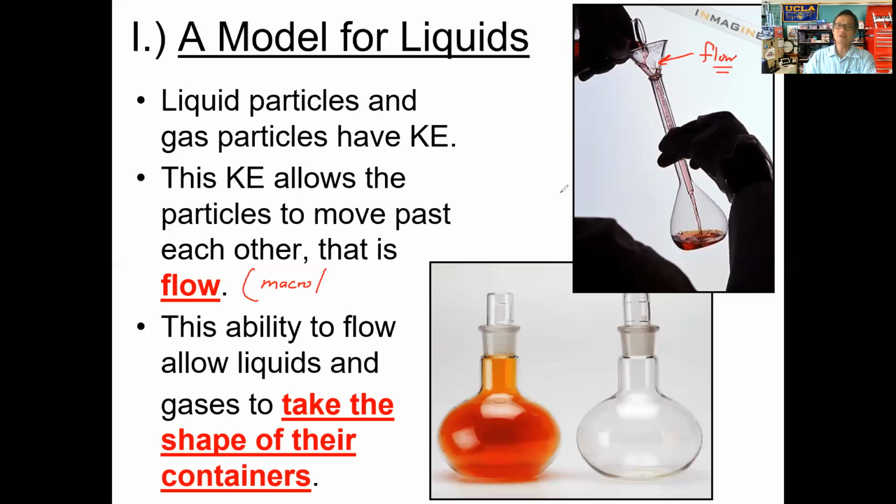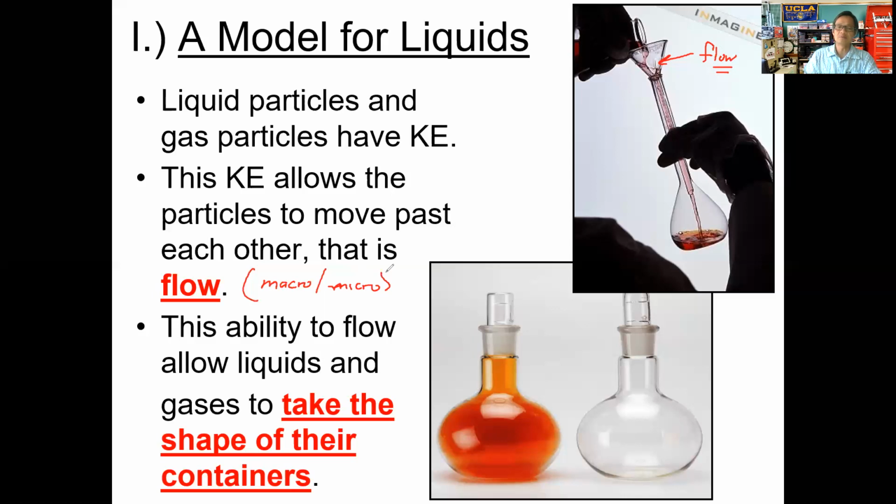The reason for the flow is at the microscopic level. So this is both a microscopic and a macroscopic observation that we can make about liquids. Liquids can flow like this because at the particulate level, these liquid particles are moving around, and this is also true for gases.